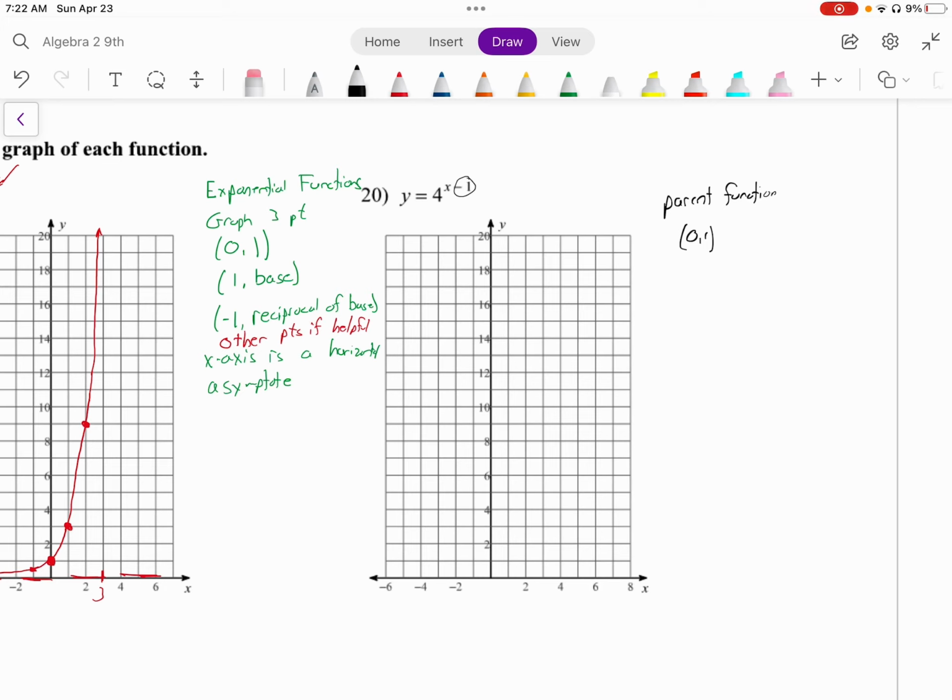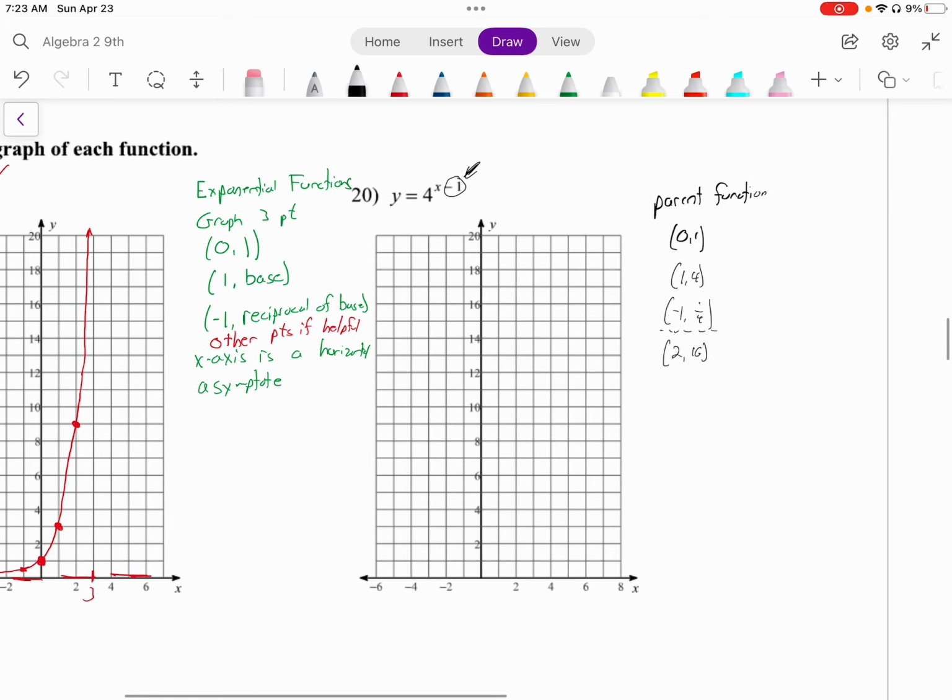So 0, 1, 1, the base, and then -1, the reciprocal of the base. Maybe another point, you plug in 2. So 4 squared, 4 to the second is 16. This is just for the parent graph. We're neglecting this -1 for right now.